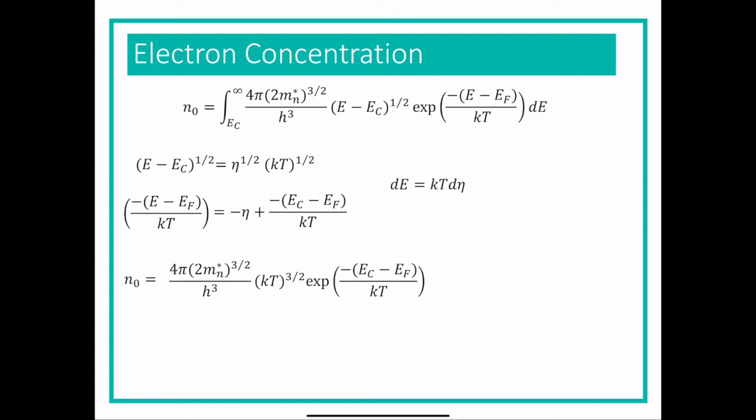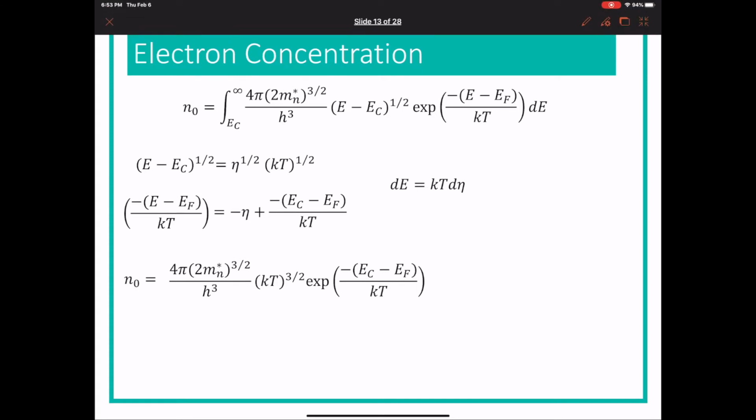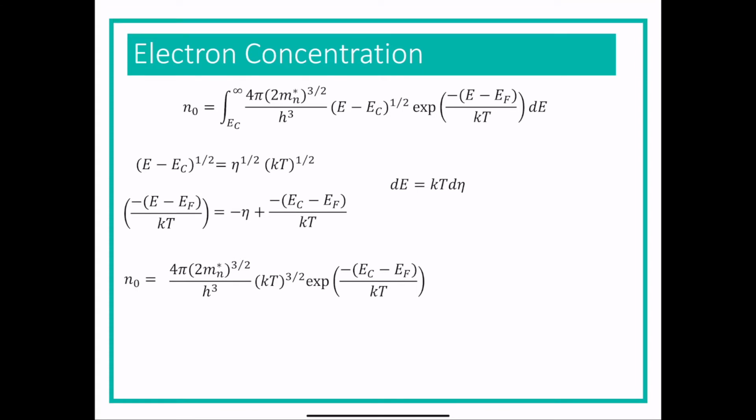So the exponential is outside of the integral. The constants that we had before are outside. KT to the 3/2 is outside. And the only thing that gets integrated is eta to the 1/2, and then we have the exponential minus eta d eta. So that's what we end up with.